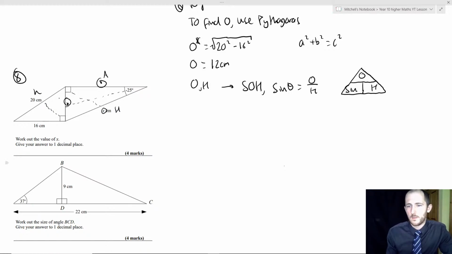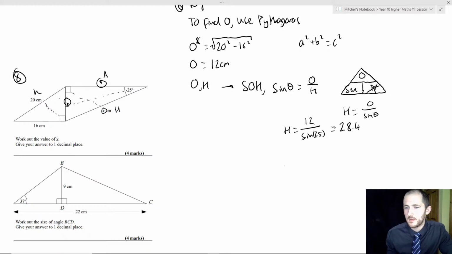What do we want? We want h, so cover up h, and my equation now becomes h equals opposite over sine theta. To do it this way, you'd have to times and divide around, but it's the same thing. And we get h is equal to opposite, which was 12, over sine 25 in brackets, which says to one decimal place, so we'll leave it to one decimal place. 28.4.